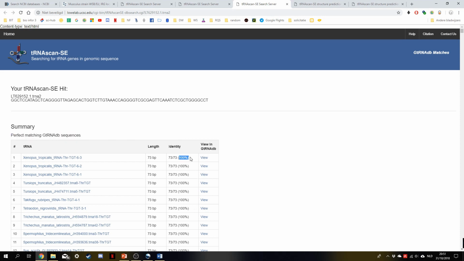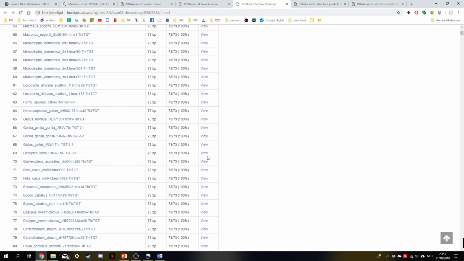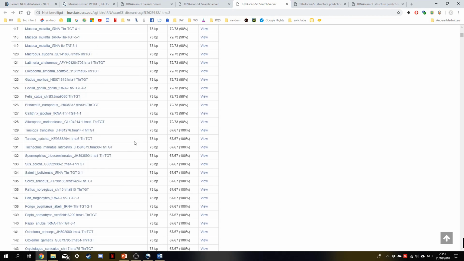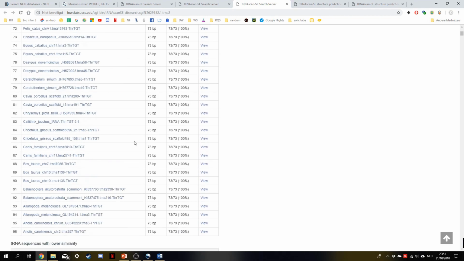These have 100% coverage and identity. And then there is a second list with tRNA sequences that have a lower similarity. So these have either an identity that is a bit lower or a coverage that is not 100%. But all of these are still very similar sequences.